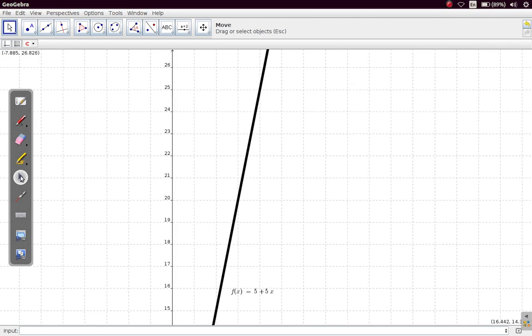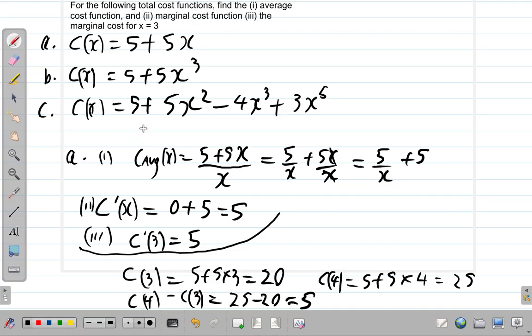Now the values at 3. This is the 3 line and this is the 4 line. What is the gradient of the tangent at 3? Well, the gradient of the line at 3, rise over run, is this. The gradient of the line at 4 is this. So it's the same gradient, 5. So in that case, what you get is 5 in both cases.